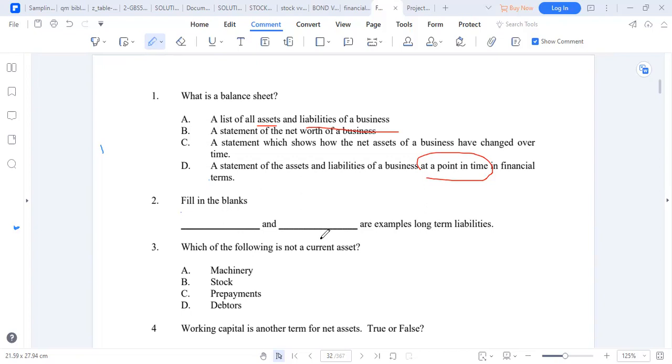Building. Buildings. Machinery. Sorry, I mixed up. Which are the examples of long-term liabilities here?